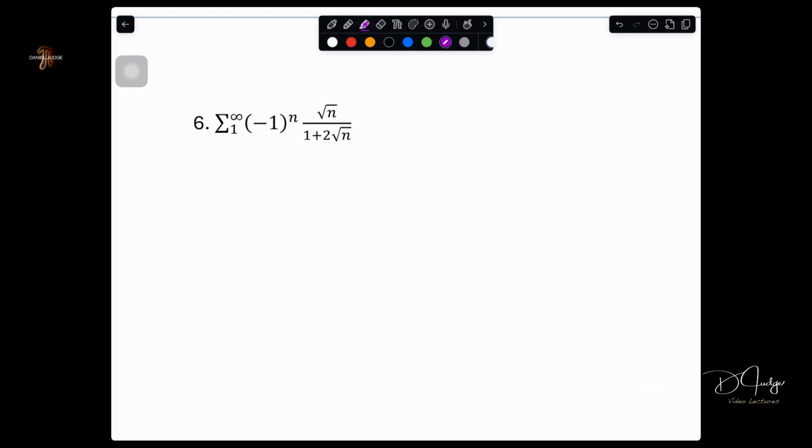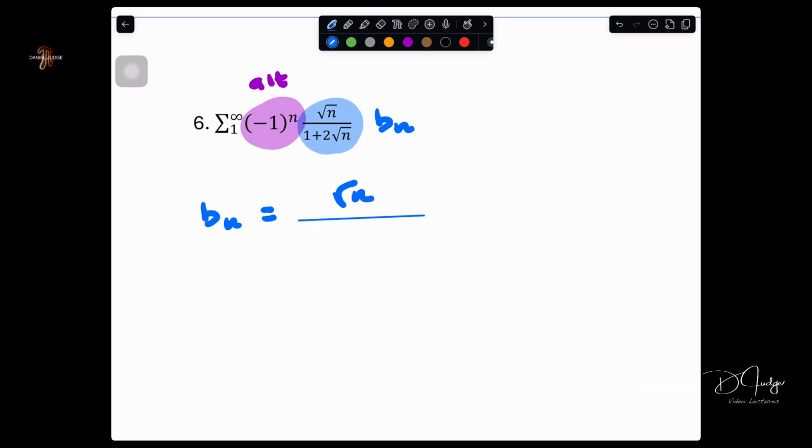Number 6. We got the alternating mechanism. This is Bn. So Bn will be the square root of n over 1 plus 2 square root of n.